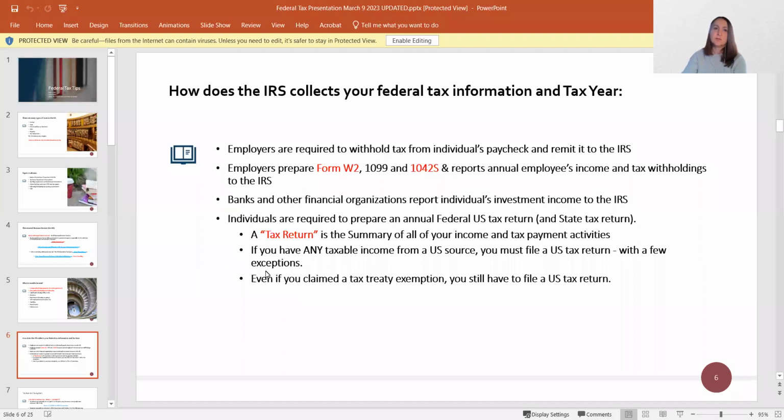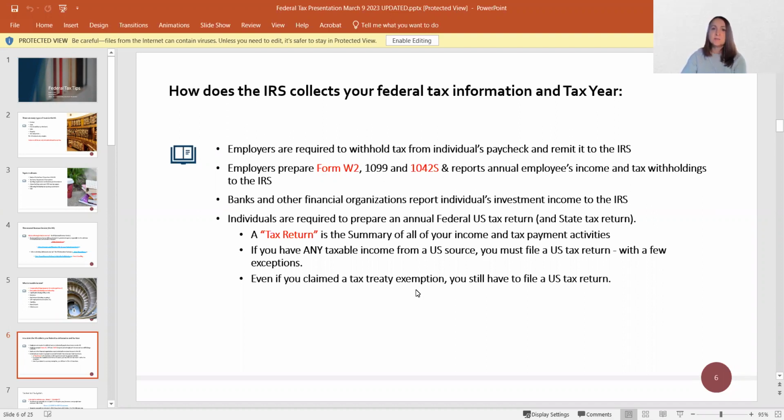So each employer provides forms W-2, 1099, 1042-S directly to the IRS and reports all your earnings, all your payments, and taxes that were withheld from your salaries and payments. All banks and all financial organizations also report your payments and income to the IRS.